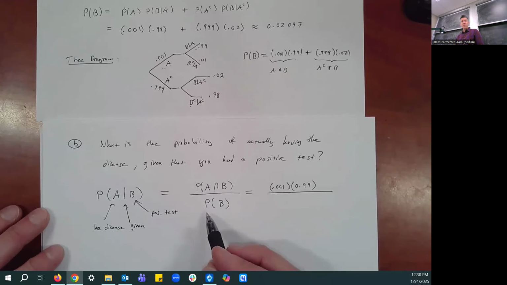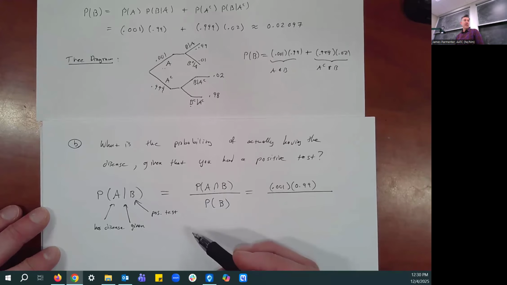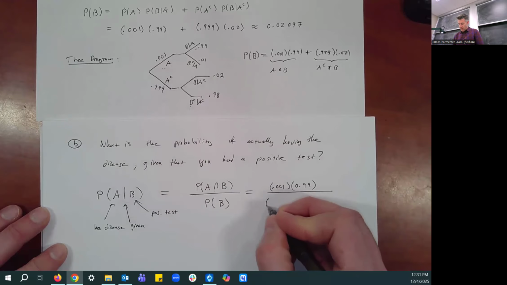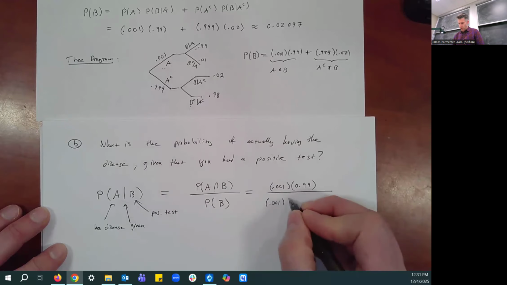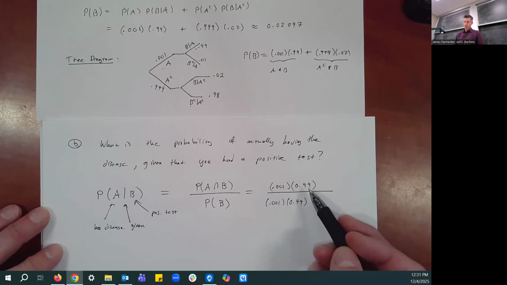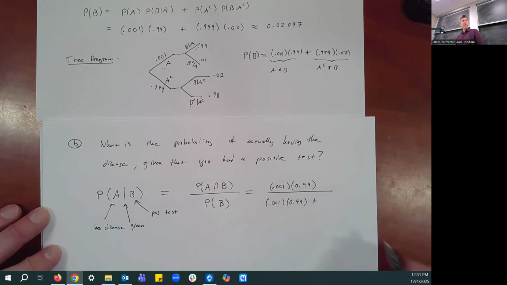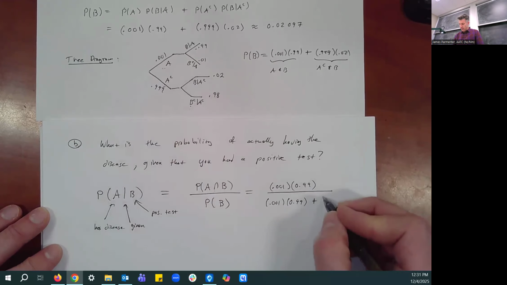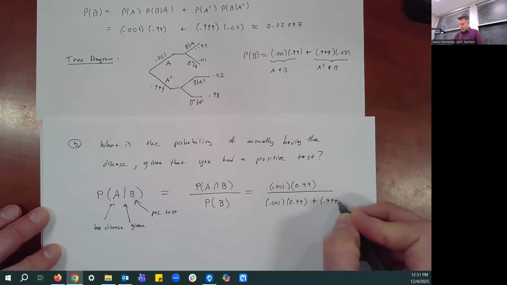On the bottom, the thing we just calculated, or alternatively, thinking about it, all the pathways that get us to B. So it's the pathway that goes through A. So here's A and B, 0.001 times 0.99 again. I'll point out that when you do this, you always get the same thing on the bottom that you already had on the top, plus the other pathway that gets us to B: A complement and then B, 0.999 times 0.02.